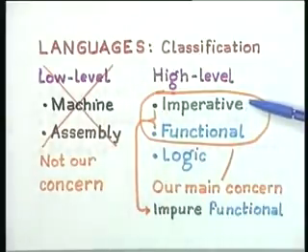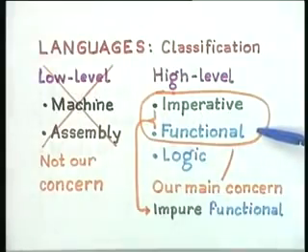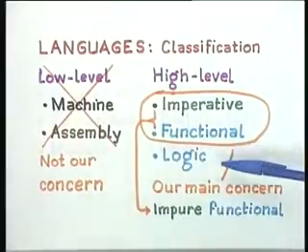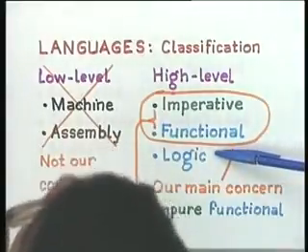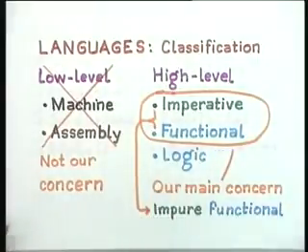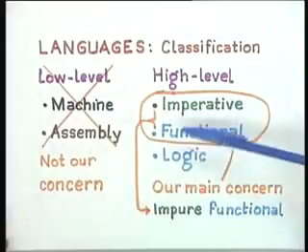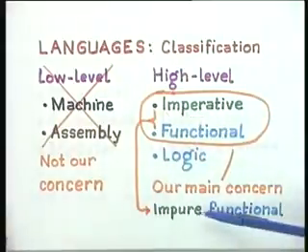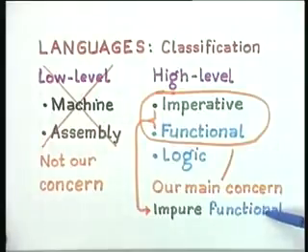One is the class of imperative languages, in which most of the last 40 years, since the first digital computers, has gone in the design. Then there are what are known as functional or applicative languages, and then it is possible to use logic itself as a programming language. And then you can actually mix up all these things, and for example you can have impure functional languages.